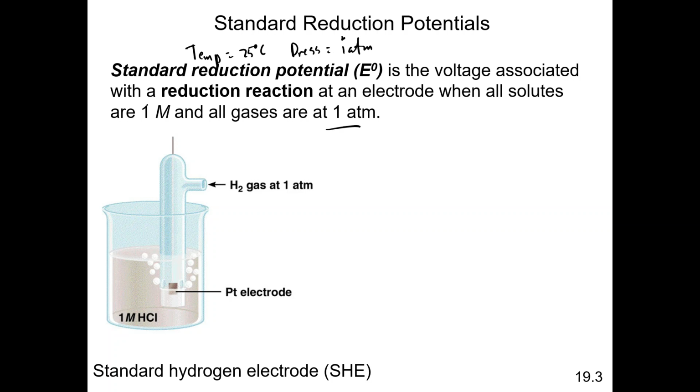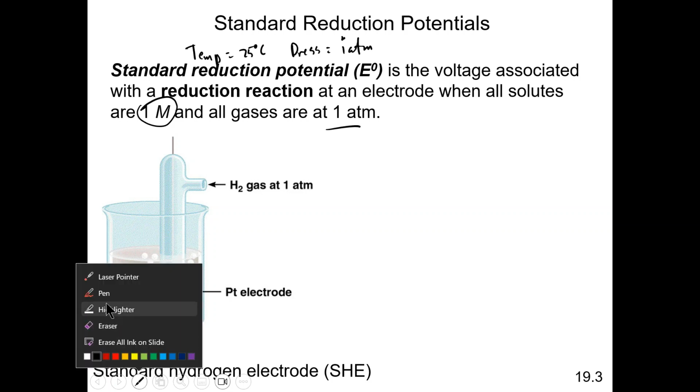And for any solutions, the molarity would be 1 molar, and I think that's it, right? So those are the standard conditions. If all these conditions are met and you measure the voltage, that would be the standard voltage or the standard electrode potential, all right?